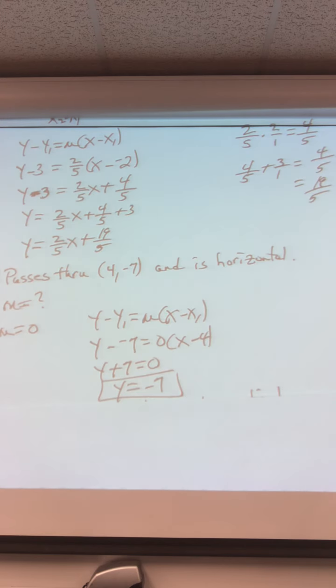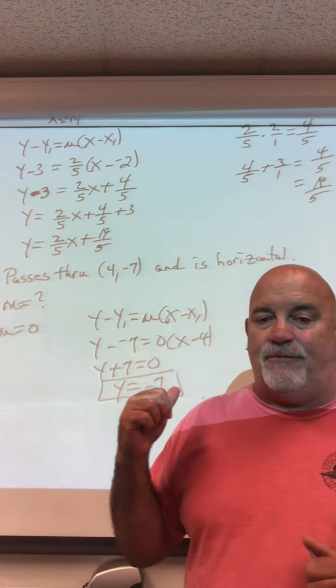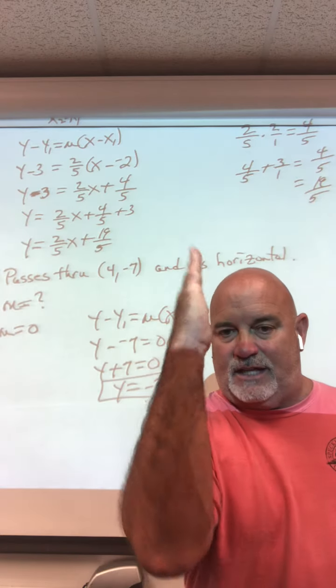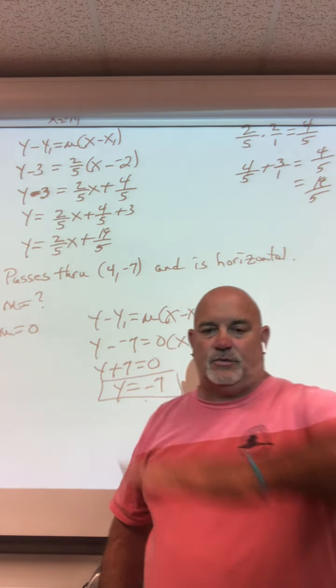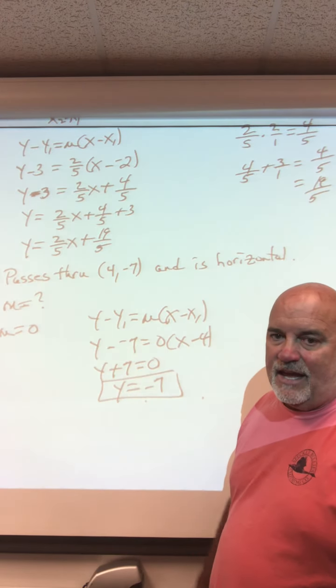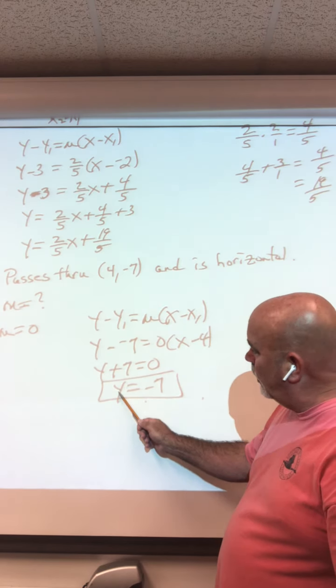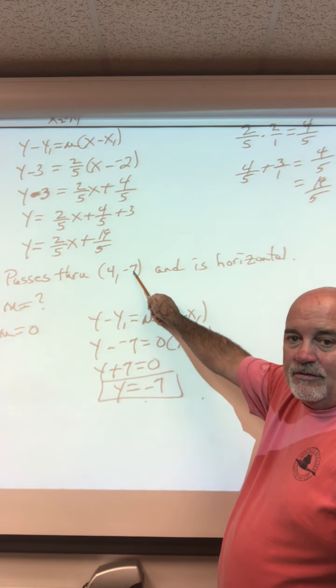Now, it should not shock you that this has just a y in it, because remember, we said a while ago, when we were graphing, equations with just an x look like this. Equations with just a y look like this. So it doesn't shock me that this doesn't have an x in it. As a matter of fact, it's y equal whatever that number right there is.